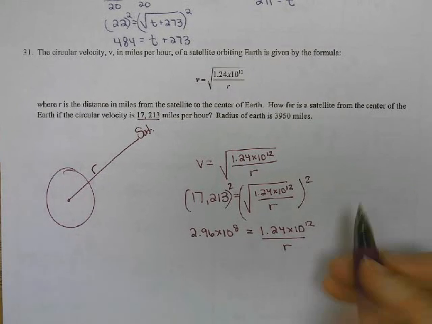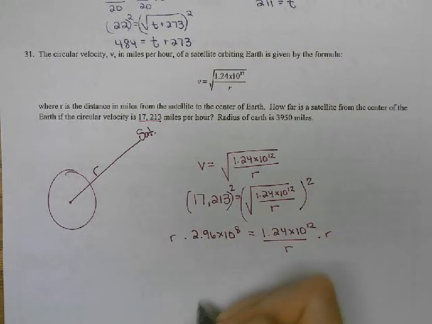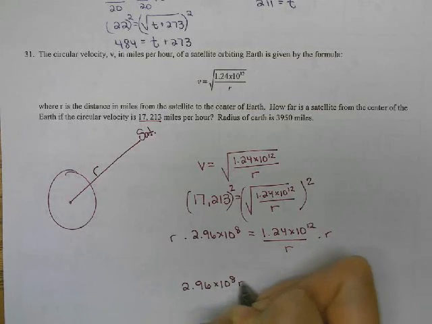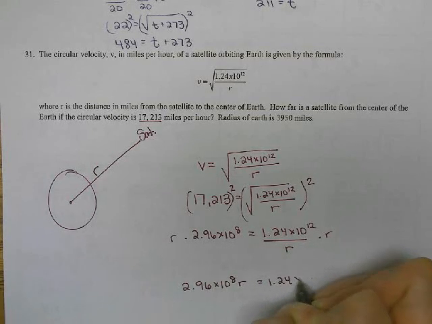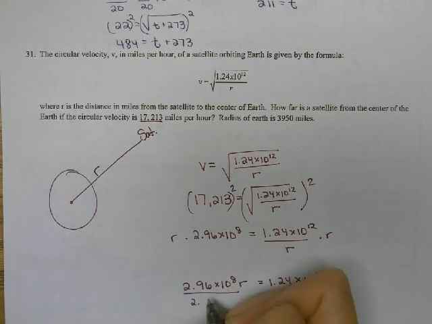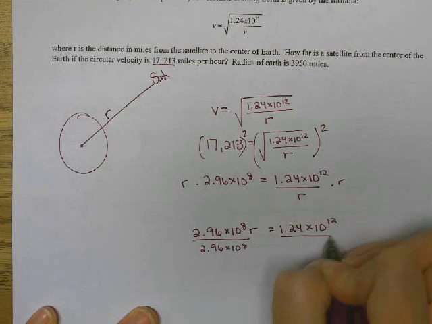I'm trying to solve for r. So first I can go ahead and move the r over here, and now divide by the 2.96 times 10 to the 8th.